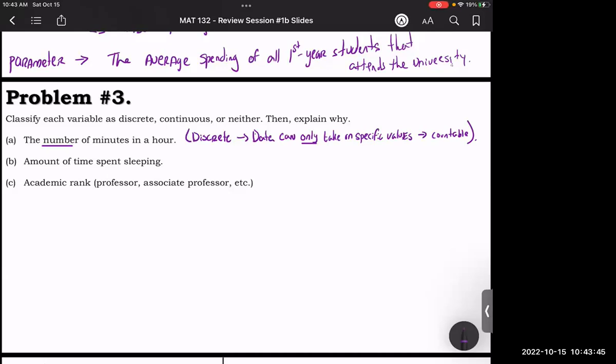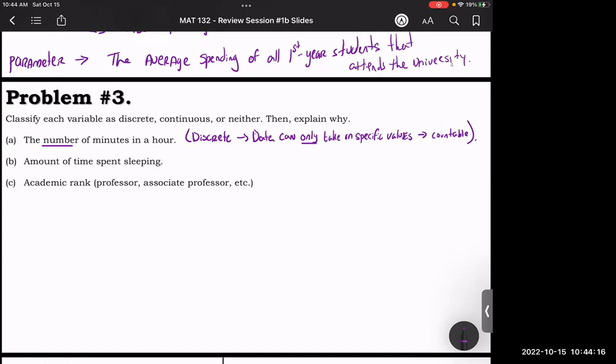Okay, let's look at part B now. The way that it's phrased makes it tricky. Part B states the amount of time spent sleeping. Is this going to be discrete, continuous, or neither? Continuous. Although our variable is talking about time, here we're dealing with a continuous data set.